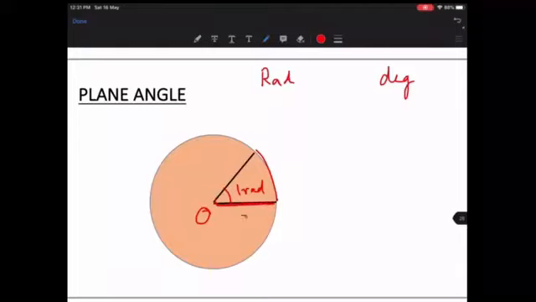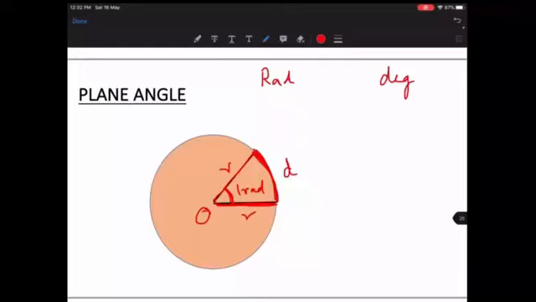This is the length of the radius, and I designate it by the letter R. I take another radius which touches the circumference of the circle, and this is also R. Now I consider these two radii in such a way that they subtend an angle here which will be 1 radian, but only when this arc, which is a curved line, whose length I designate by the letter D, is equal to the length of the arm R. Then only the angle subtended at the center will be 1 radian.